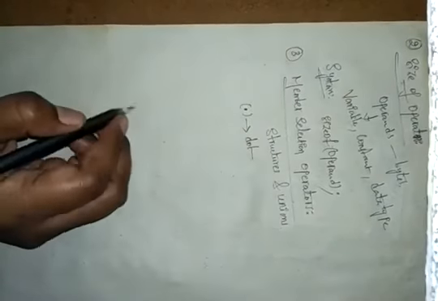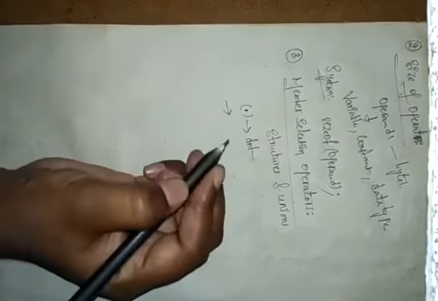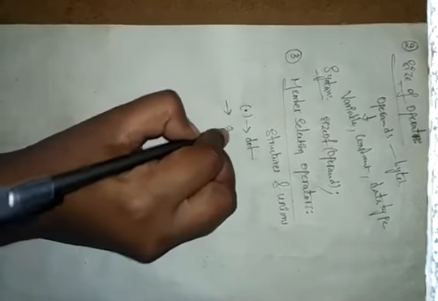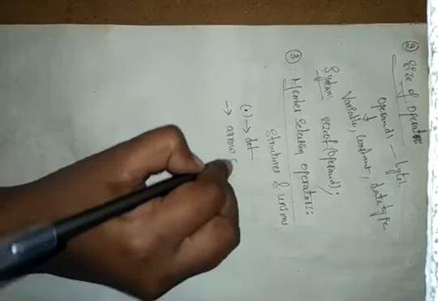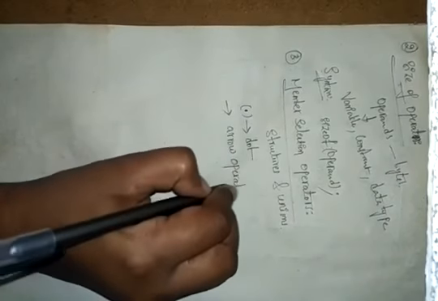And next we have this symbol, which we call the arrow operator. The member selection operator can be used with structures and unions, and it has the dot operator and the arrow operator.